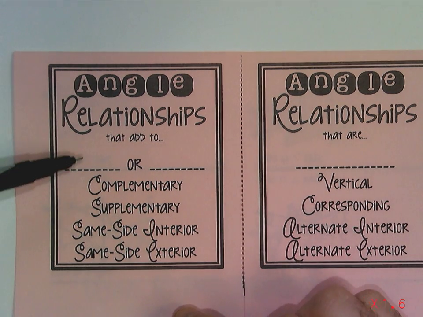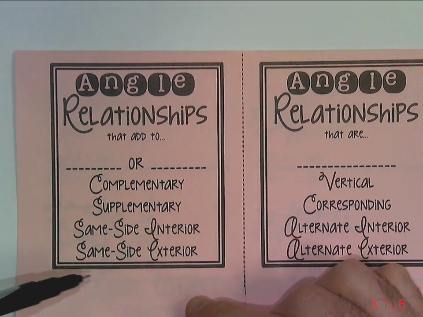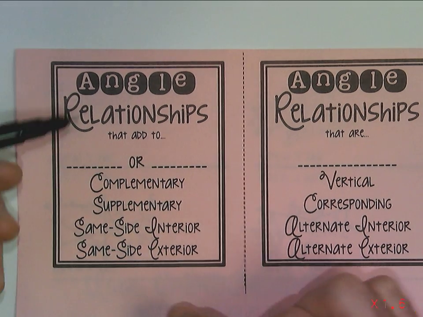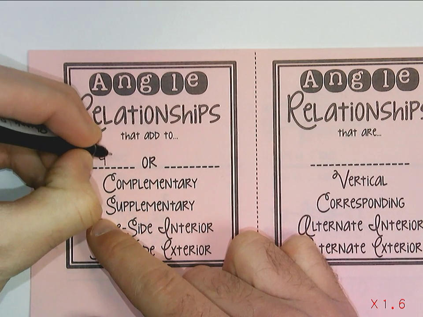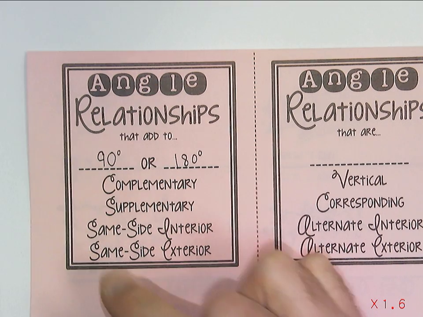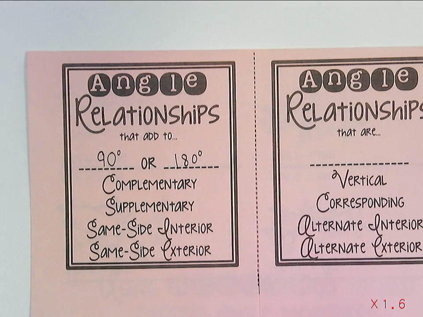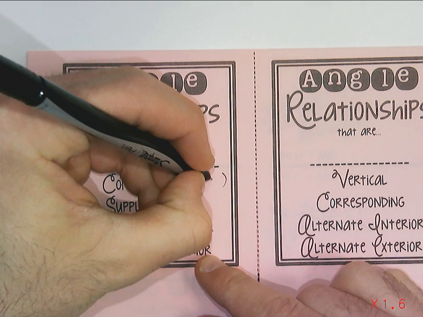So the first ones we're going to look at are complementary, supplementary, same side interior, and same side exterior. Now these are angle relationships that add either up to 90 degrees or 180 degrees. And let's just go ahead and identify which ones are which. So complementary, those add to 90 degrees.